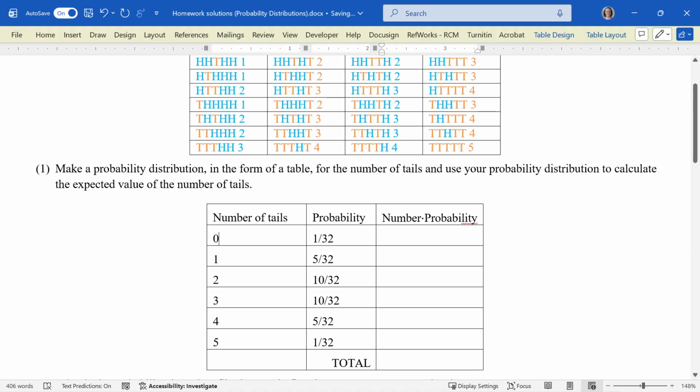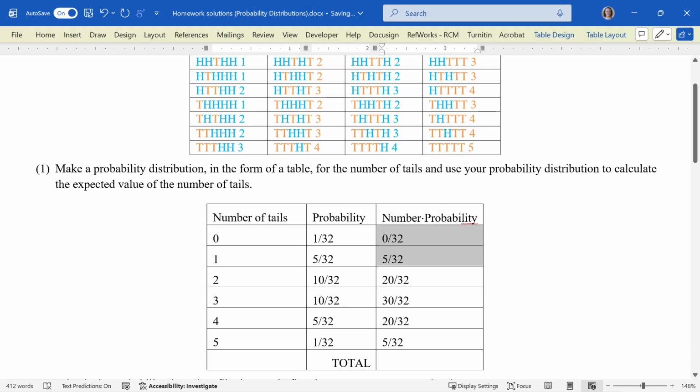Now I'm going to multiply each number by its probability, and that will give me what I need to add up for my expected value at the bottom here. So remember, when you multiply a number times a fraction, you multiply it by the top of the fraction. So this is 0 out of 32, 1 times 5, 5 out of 32, 2 times 10, 20 out of 32, 3 times 10, 30 out of 32, 4 times 5, 20, 5 times 1.